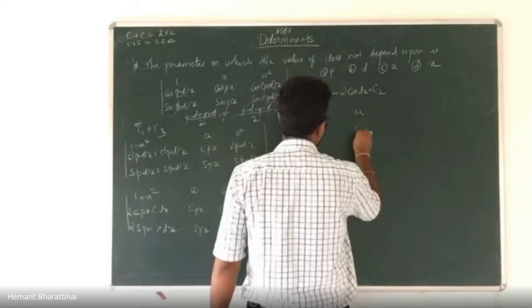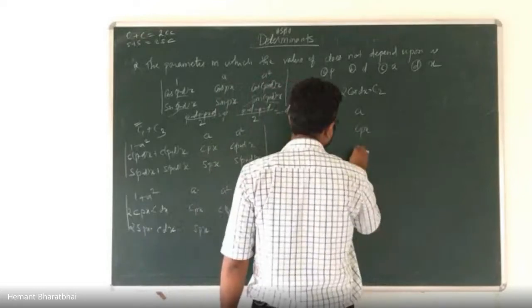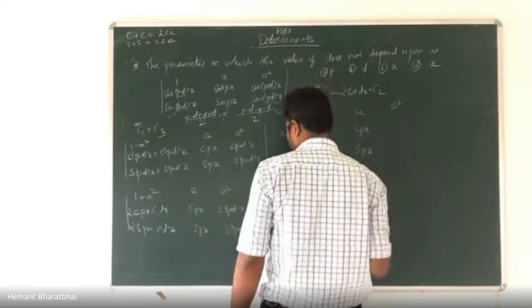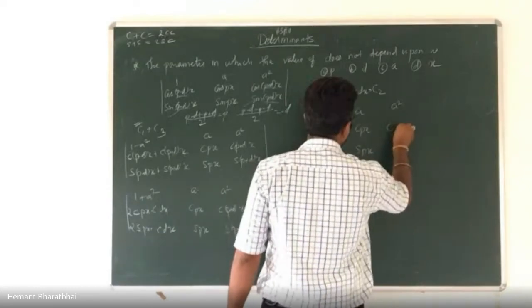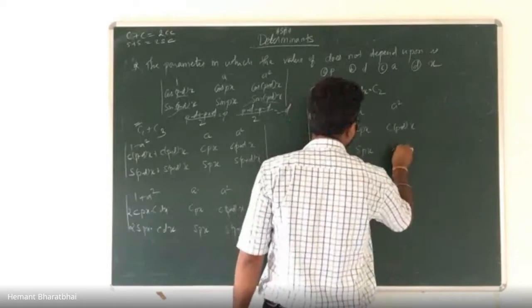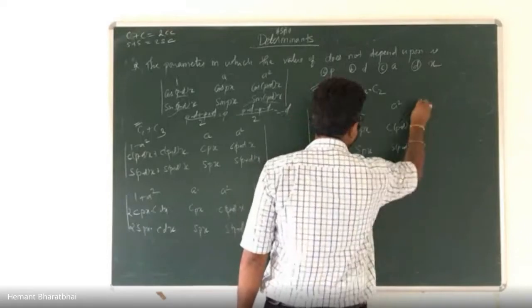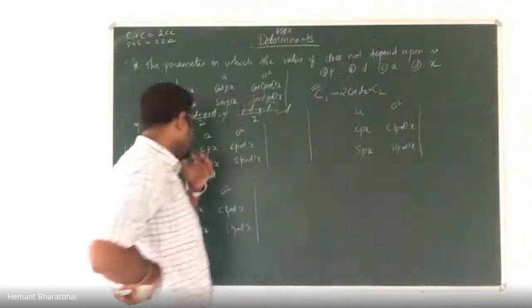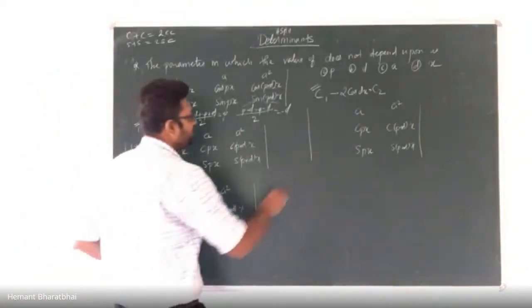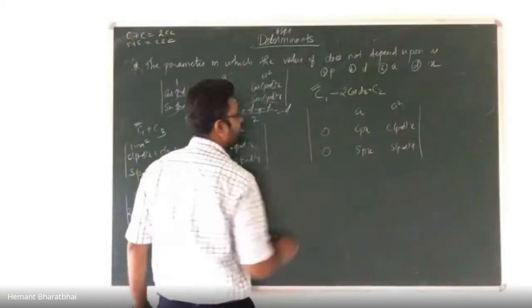So a cos px, sin px, a square, cos of p plus dx, sin of p plus dx. Okay, so when I subtract, this will become 0 and this will also become 0. So this 2 will become 0.